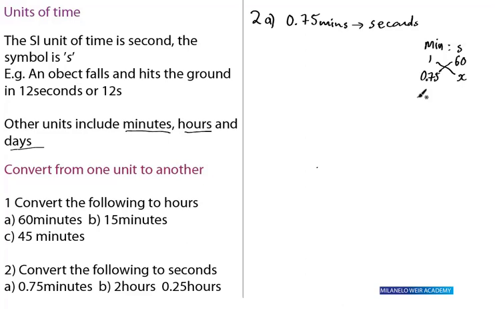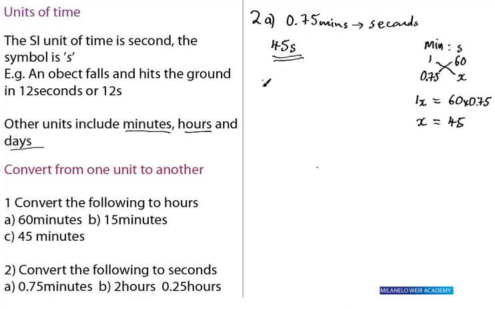So 1x is equal to 60 times 0.75. Multiplying by 1, we can remove the 1 and we are left with x. So x is equal to 60 times 0.75, which is 45. So the answer is 45 seconds.